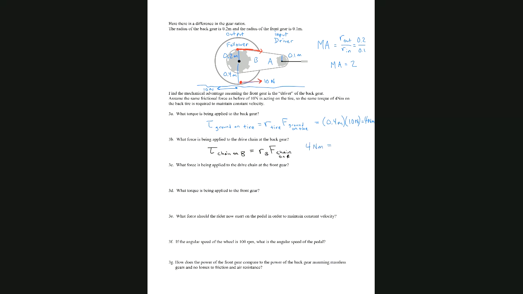The radius of B is 0.2 meters. So the force of the chain then is going to be 20 newtons. All right, let's label that.